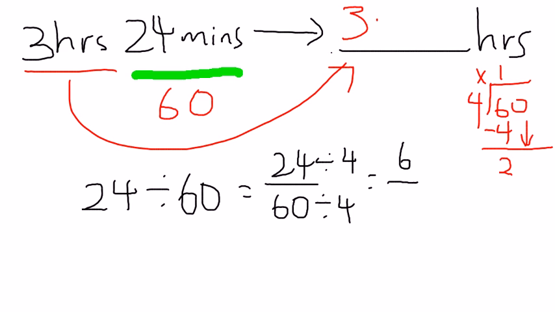Very good. Bring down the 0. 20. What times 4 gives you 20? 5. Very good. So 5 times 4 gives you 20 and you minus them. Any remainder? No remainder. So that will give you 6 out of 15.